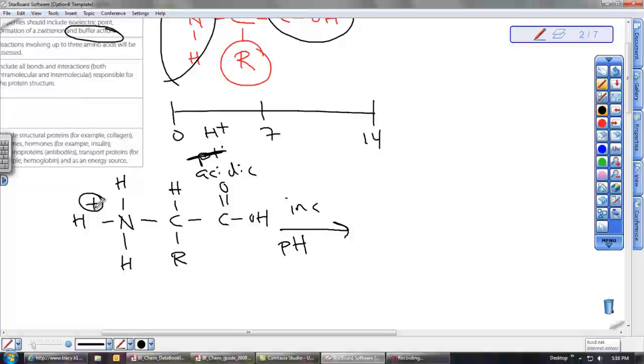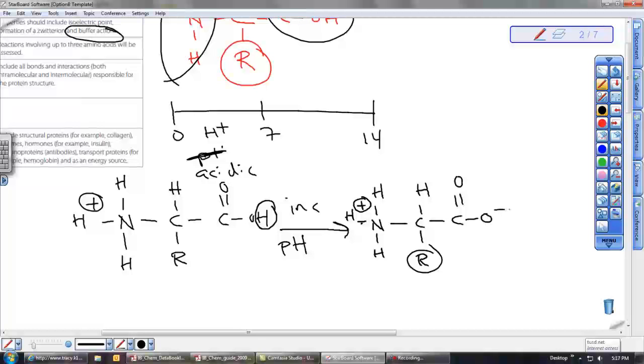So here's our low pH form. As we start to increase the pH, meaning we're removing H pluses, the acidic proton right here loses it first. So here's what you have when that acidic proton comes off. Here's that NH3 group on the end with its net positive charge. There is the carbon in the center with whatever R group we happen to be talking about. And over here, we've lost that H. We have a negative charge.